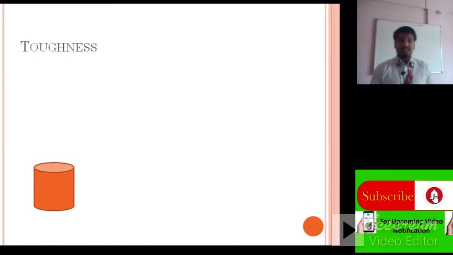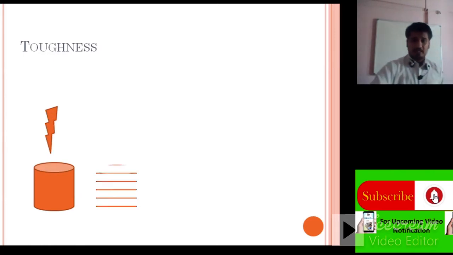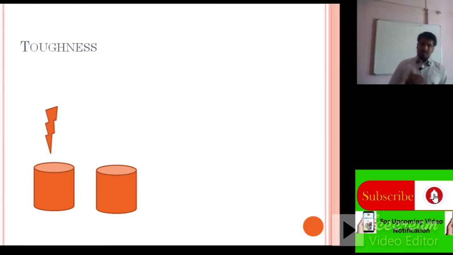Here we will take one example, a metal stock which is of cylindrical shape, and when we hammer at its top, what is going to happen? The crack formation starts inside, and if that material does not have the toughness property, it will break down into two parts.